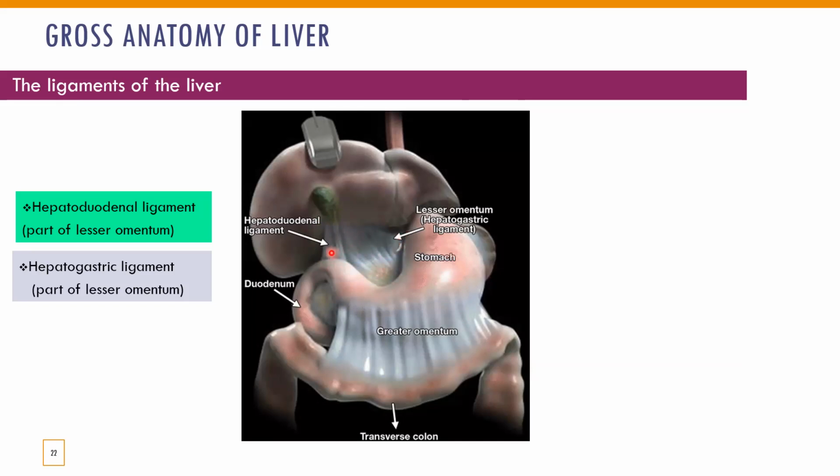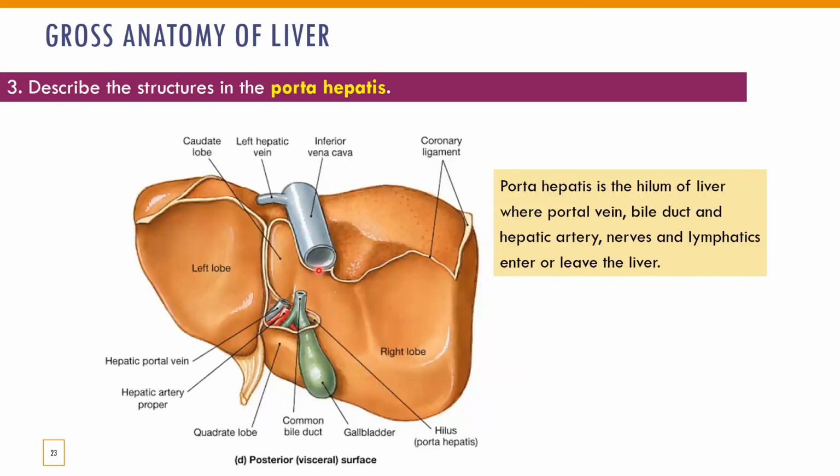The hepatogastric ligament plus the hepatoduodenal ligament are known as the lesser omentum. The hepatogastric connects the liver and the lesser curvature of the stomach, while the hepatoduodenal connects the liver to the duodenum. Okay, this is all about the ligaments.